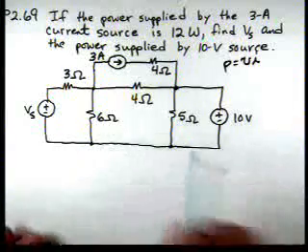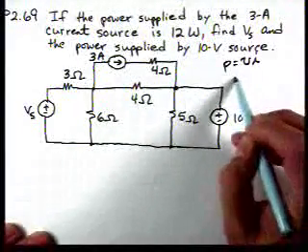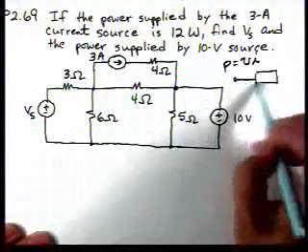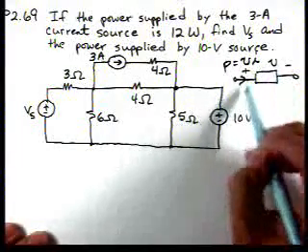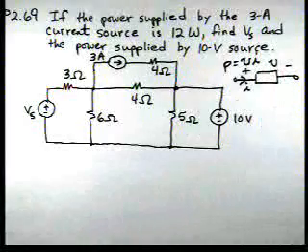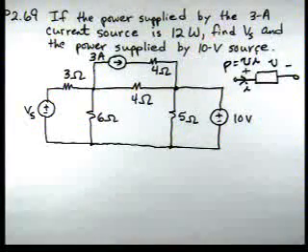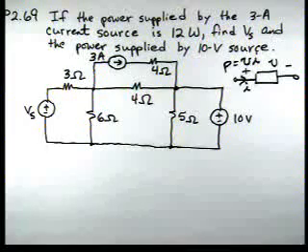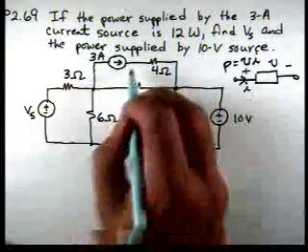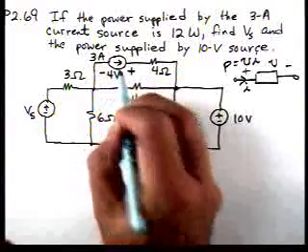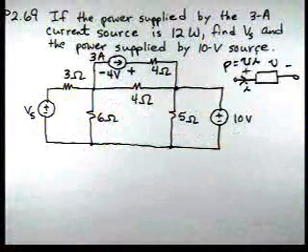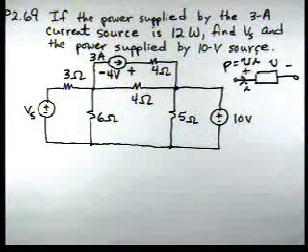If we remember that when we have a box like this, satisfying the passive sign convention, that gave us power absorbed. So when we have current entering the plus and leaving the minus, that's power absorbed. The opposite would be the current leaving the plus. Since this is supplying, there's a voltage of 4 volts across that current source with that polarity.